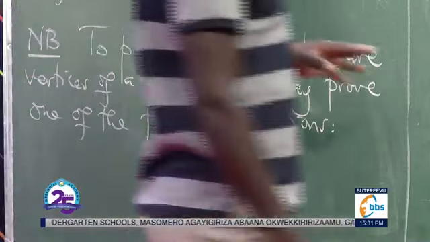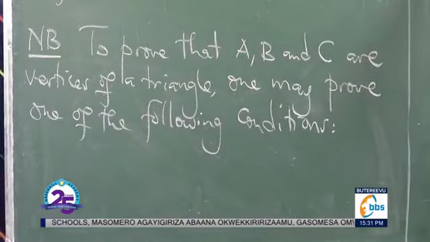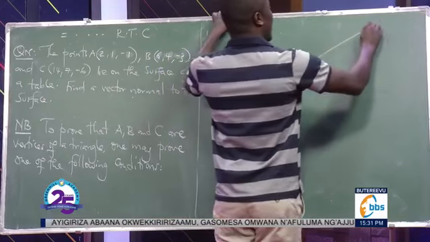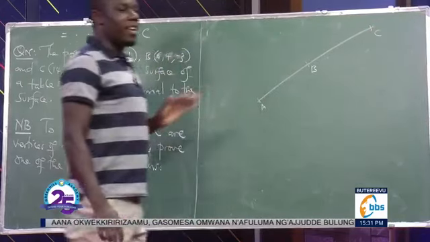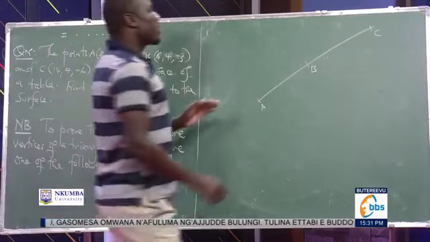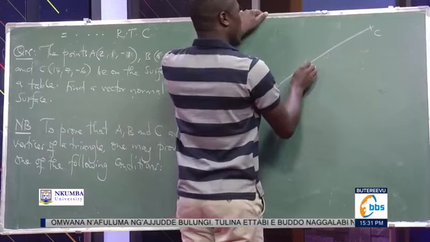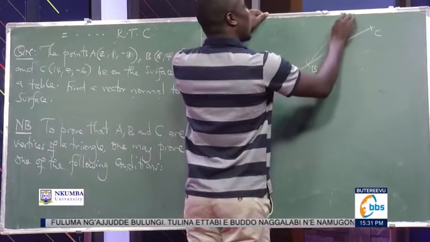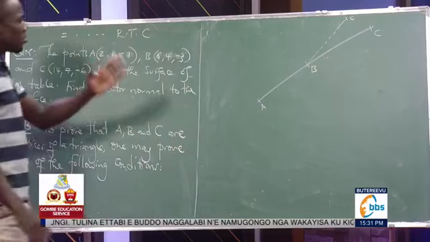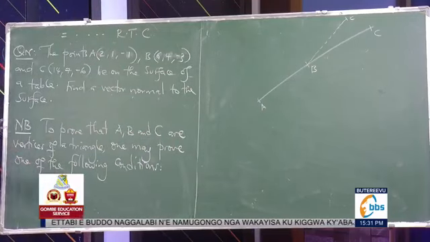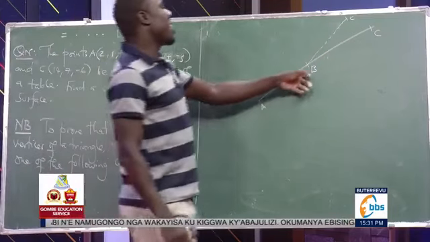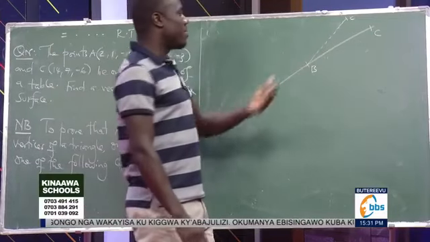The moment they lie on the same straight line, they don't form vertices of a triangle. But the moment we offset any one of these points from that line, however small the offset is, then they form a triangle. In other words, for these points, in higher mathematics they use the word affine independence.